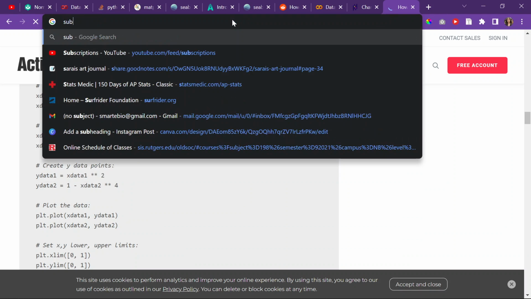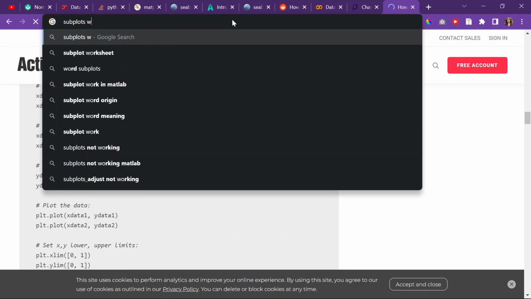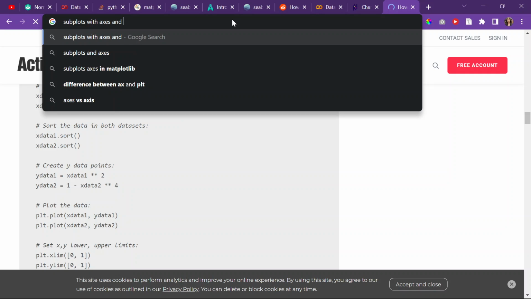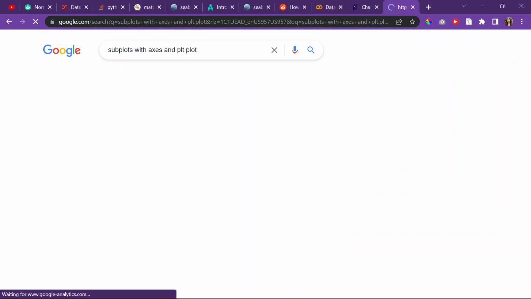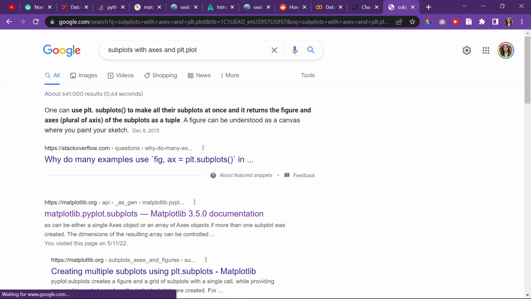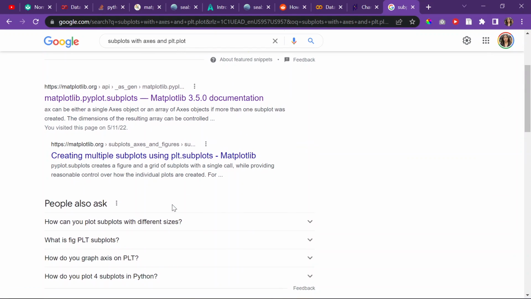Subplots. Let's do subplots with axes and plt.plot. Can you just please give me an answer? One can use plt.subplots to make all their subplots at once, and it returns a figure and axes of the subplots as a tuple. Oh my god, I'm learning tuples. Okay, wait, so if it's returning as a tuple, could I?